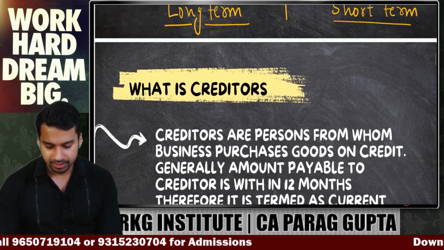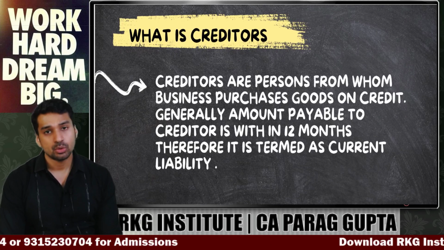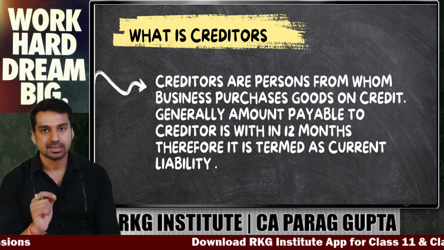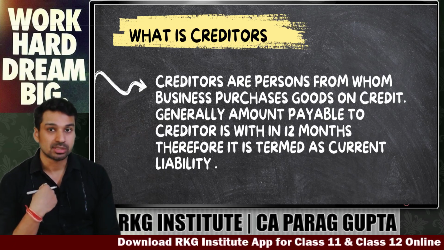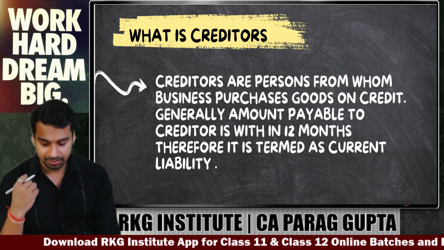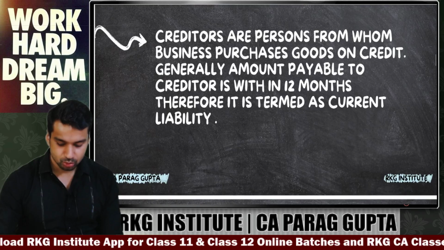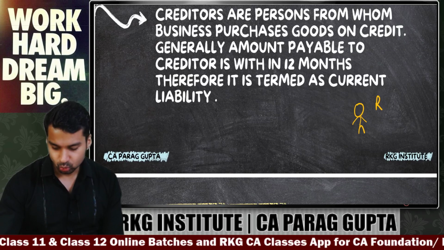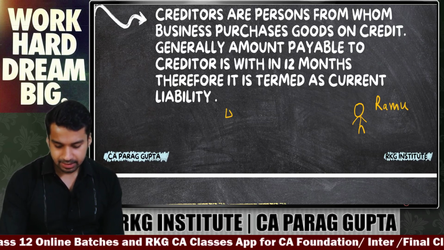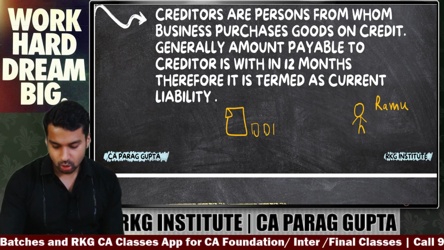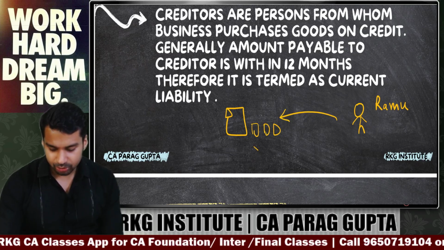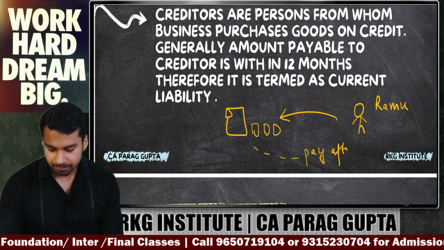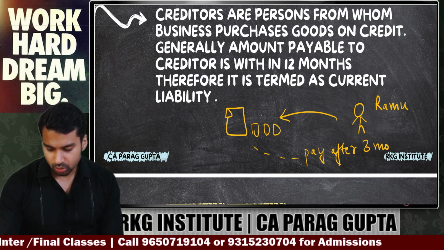Now the next term is creditors. Who is a creditor? So there is a very basic term, creditor. It means if I purchase goods on credit. For example, if I purchase goods from a person, say Ramu, and I purchased these goods on credit, means I am saying to Ramu that I will pay your money after 3 months, and Ramu says okay.